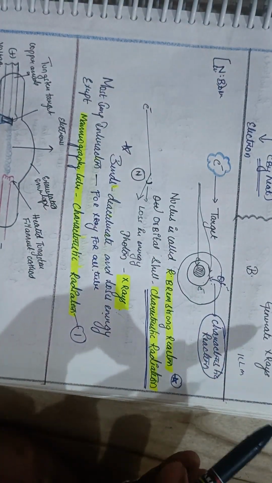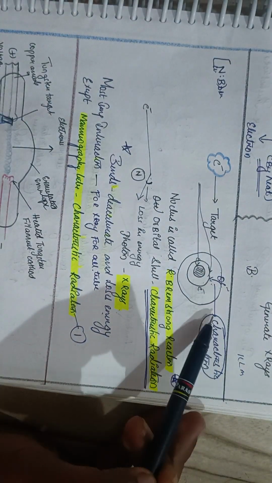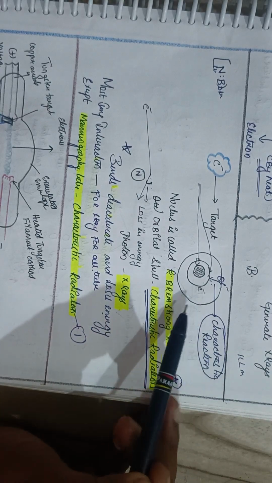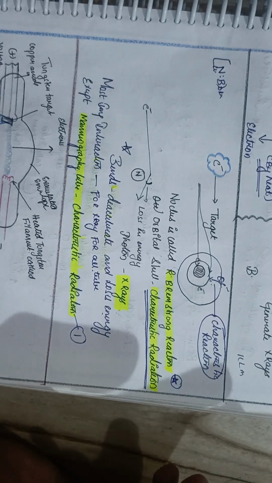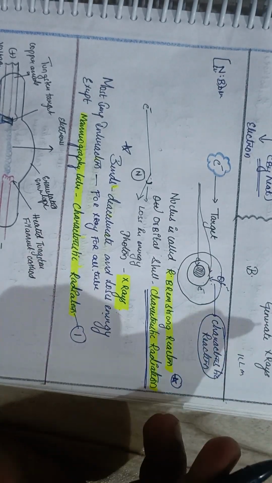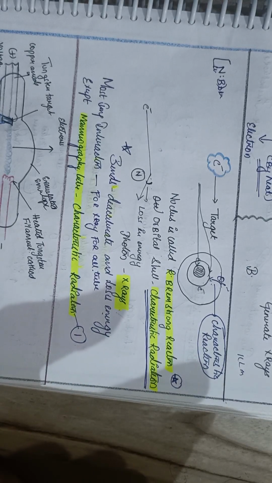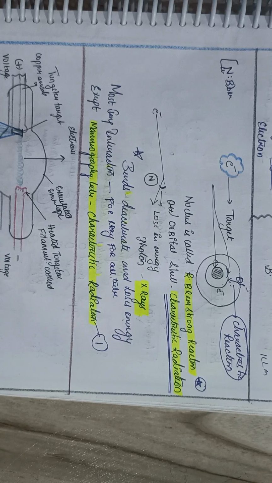When these electrons move from the outer orbit to the inner orbit, they release energy in the form of photons, the X-rays. So ultimately, one important point: the most important interaction in X-ray tubes is the Bremsstrahlung reaction, except the mammography tube, where you have characteristic radiation.